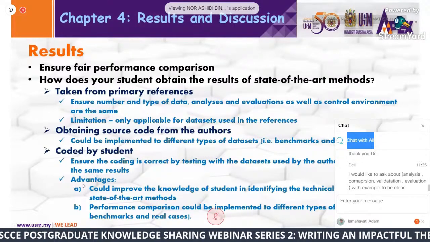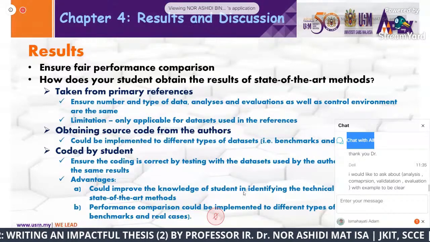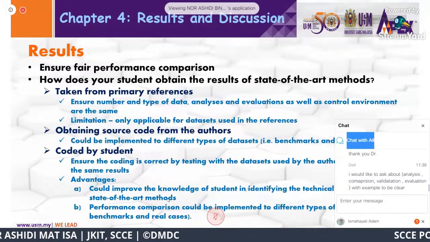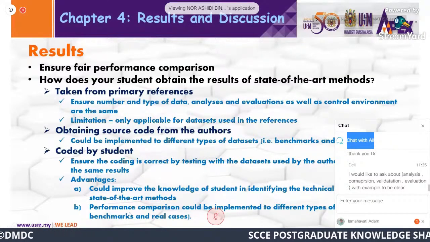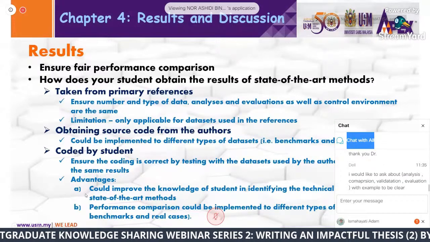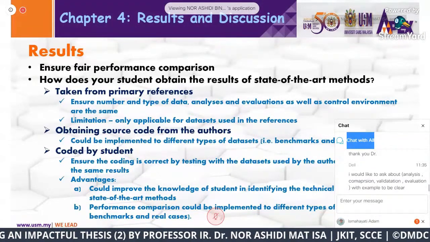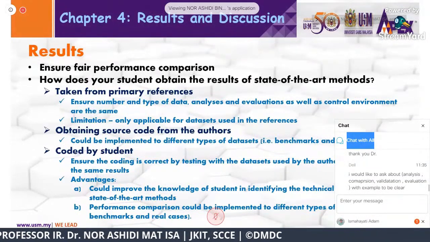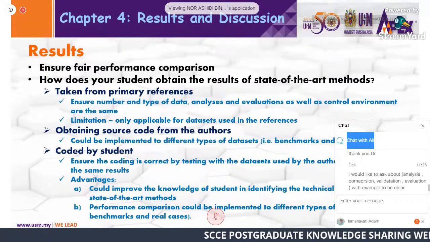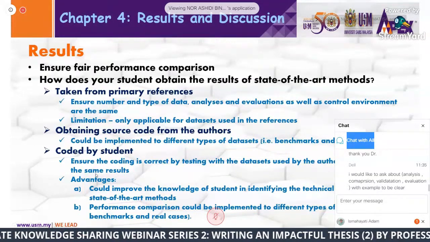Okay, so there are advantages if you code it yourself: you can improve your knowledge in identifying the technical weaknesses of the methods, and you can do the performance comparison with any types of data sets. But it is quite time consuming because you need to code it by yourself, and before that you must make sure that you produce the same results as the previous one.